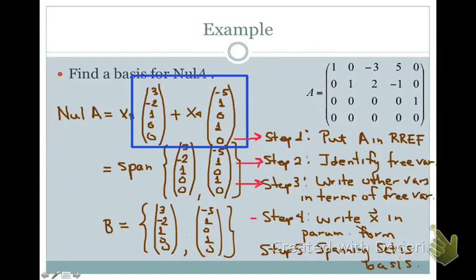Then you write the solution X in parametric form, and the set of vectors that you obtain, which is the spanning set for the null space, is also a basis for the null space. Notice that the number of vectors in the basis is going to be equal to the number of free variables in the equation Ax = 0.